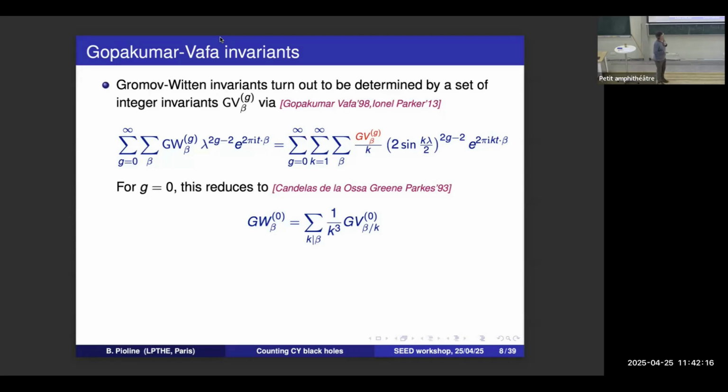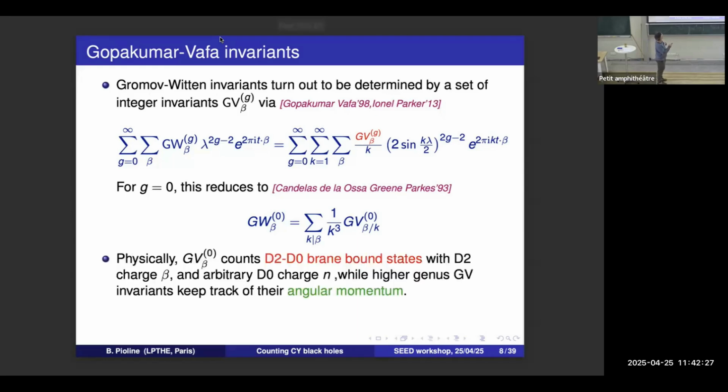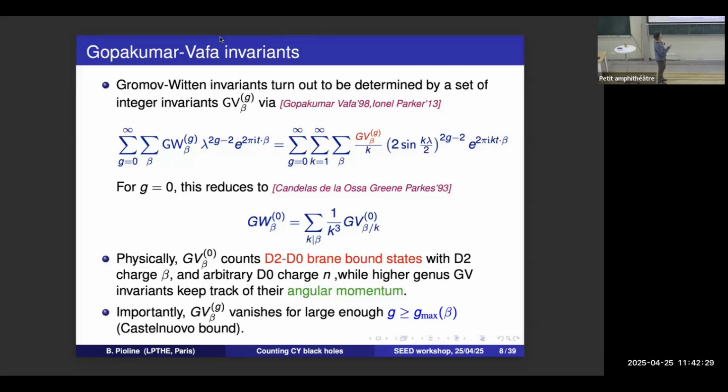And it's not clear from their enumerative definition by itself why that should be so, but they are integers. And moreover, there's only a finite number of them. If you fix the curve class, there's a finite number of genus such that they are populated, and above that number, they are just zero.